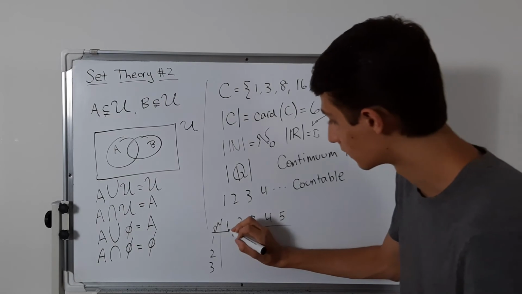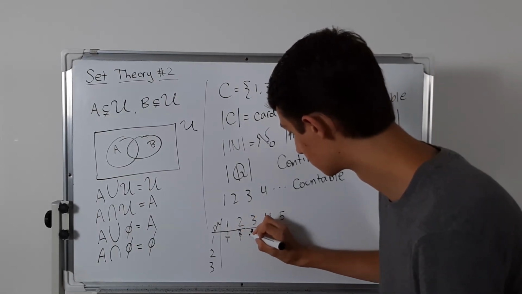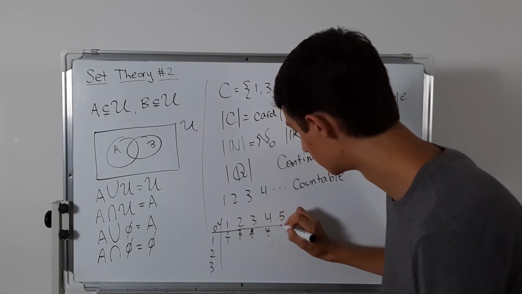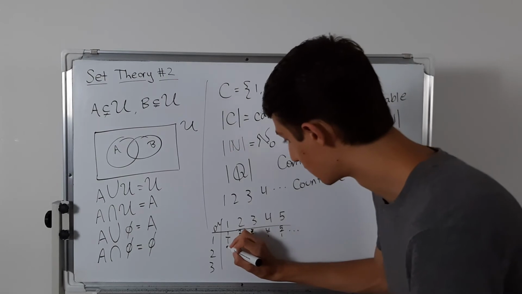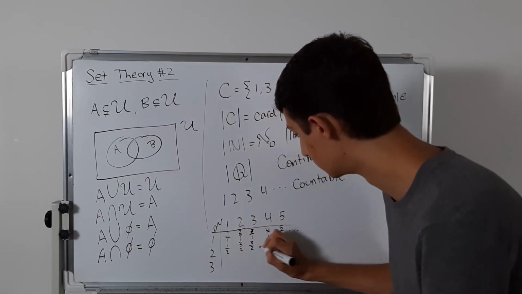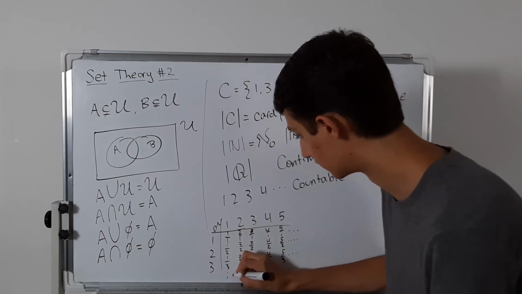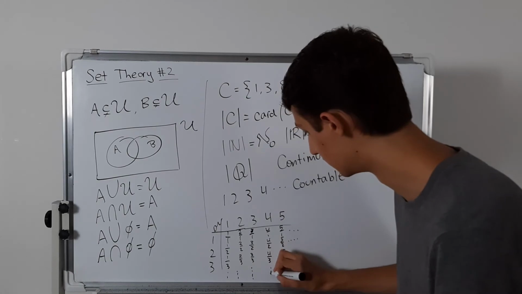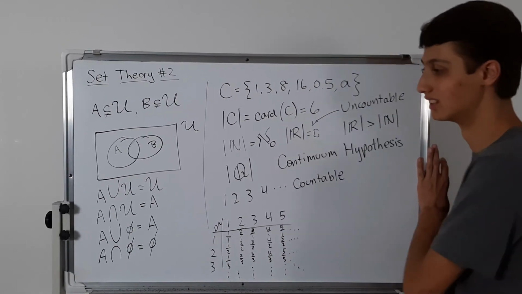Then you can start ordering them. You'll have 1 over 1, 2 over 1, which is 2, 3 over 1, 4 over 1, 5 over 1, and so on. Then down here we'll have 1 over 2, 2 over 2, and so on. It keeps going down just infinitely, and then off to diagonal.